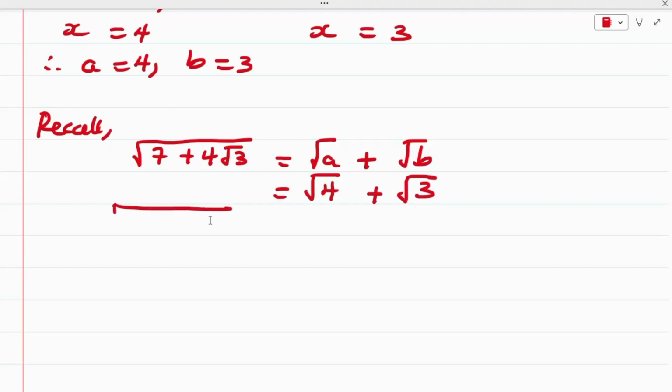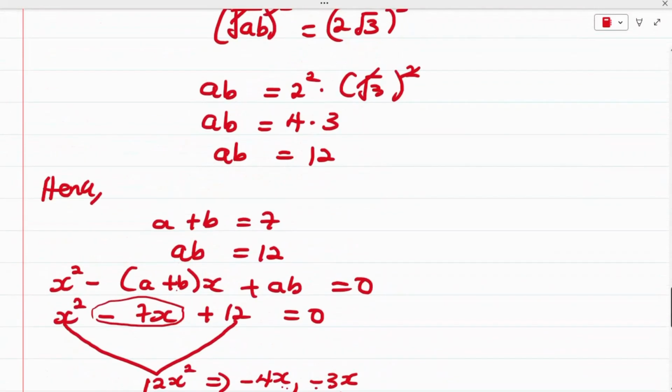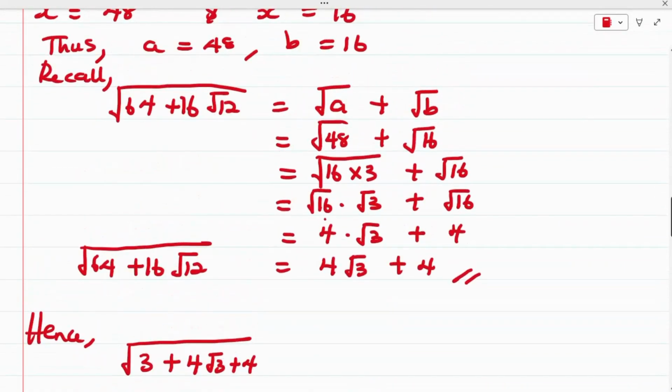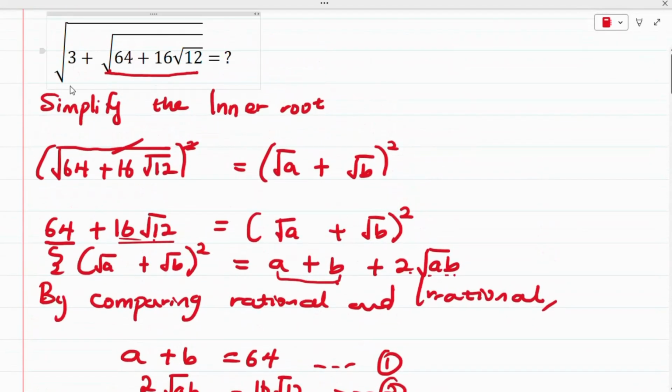So hence the square root of 7 plus 4 root 3 is equal to the root of 4, which is 2, plus root 3, and this becomes the final answer. So right here, guys, we have been able to solve this square roots problem, and the final answer is equal to 2 plus the root of 3.